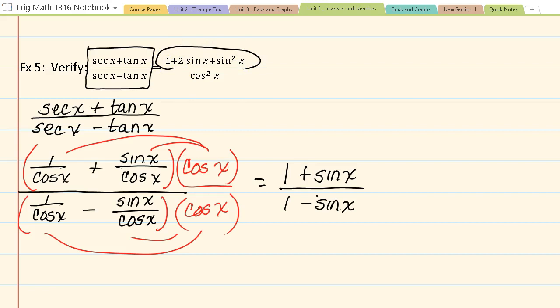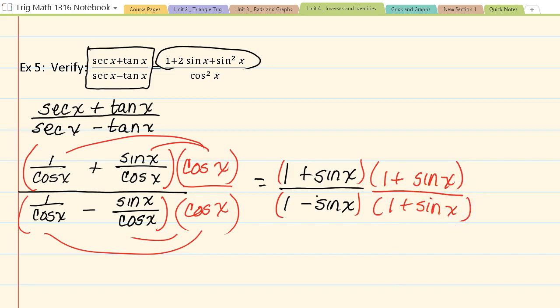So what I'm going to do is again multiply by a magical 1, and that's going to be, let's see, I want sine squared plus 2. So I'm going to do 1 plus sine of x at the top, and I have to do 1 plus sine of x at the bottom.